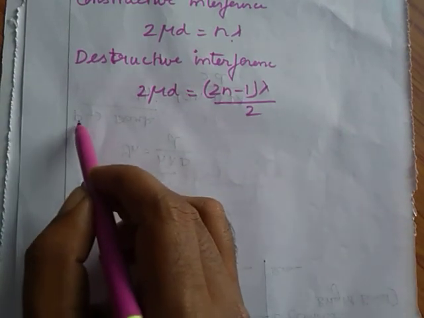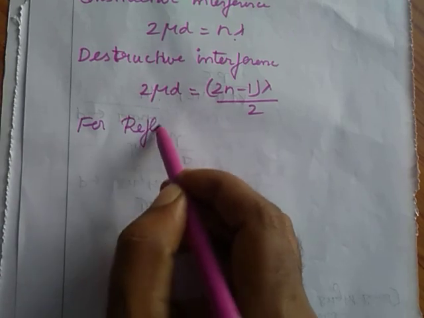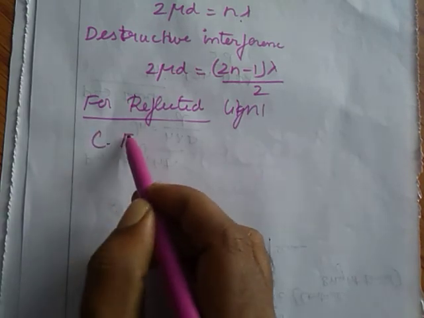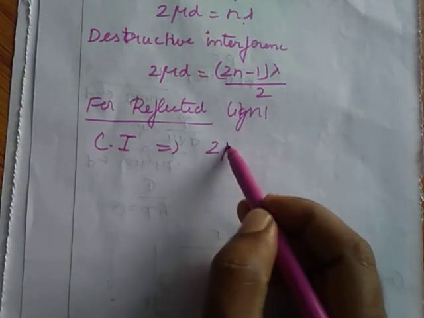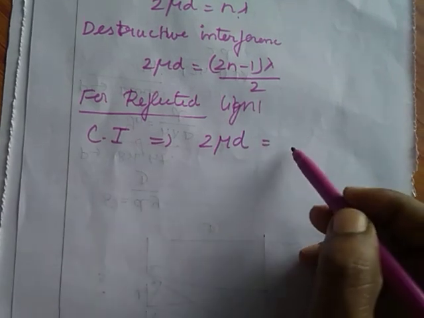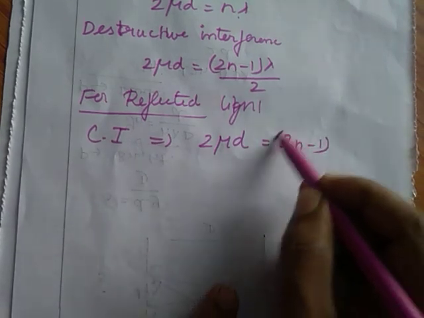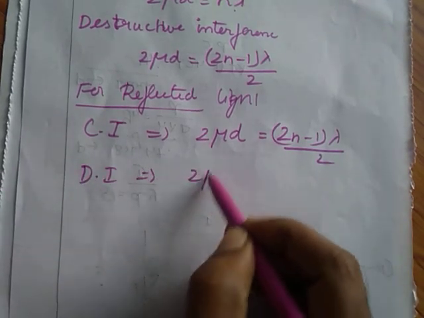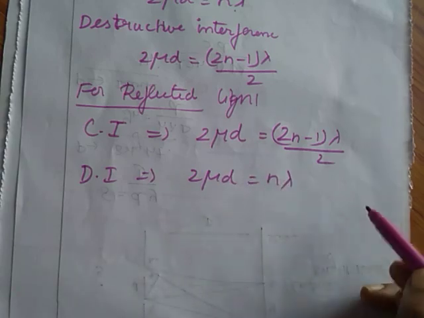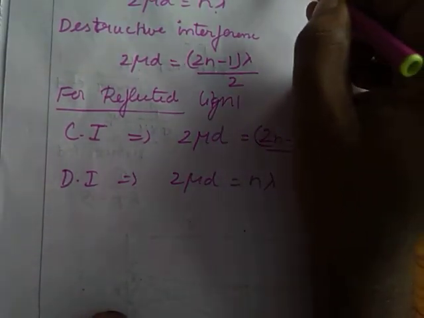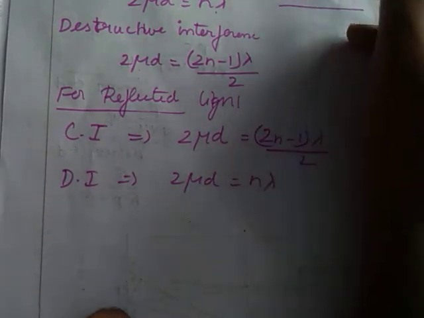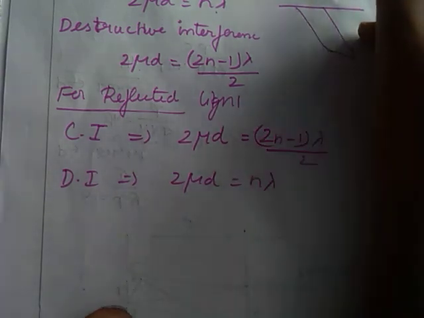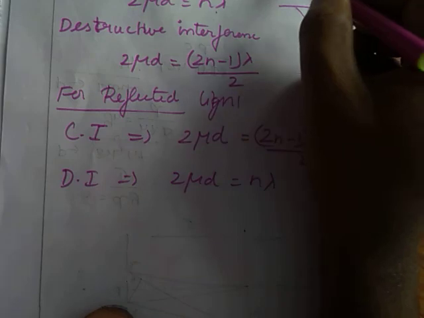For reflected light, constructive interference came as 2 mu d equals (2n minus 1) lambda by 2, and destructive interference came as 2 mu d equals n lambda. Correct? Here, this is transmitted, this is reflected, this is transmitted. I took this as F and this as P.